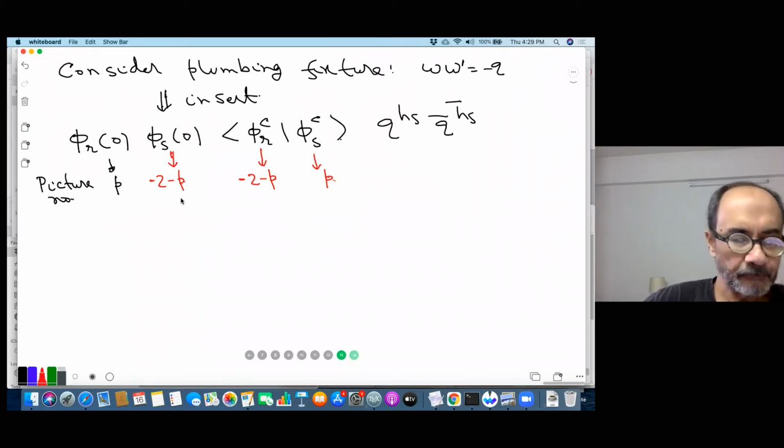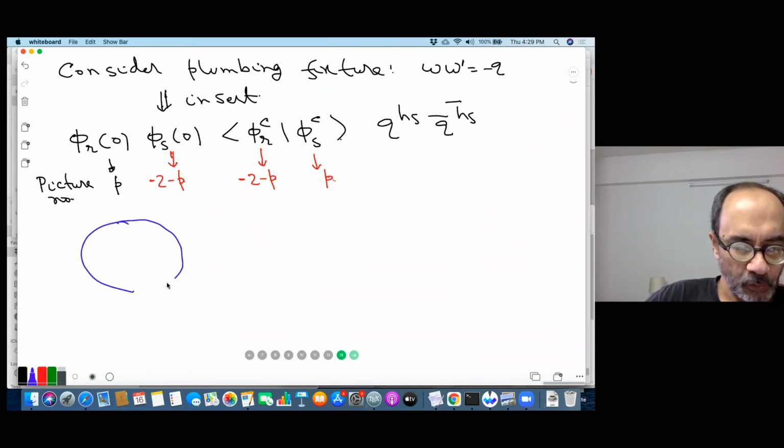Now let's consider two different cases. First one, when you show punctures on two different surfaces. It doesn't matter if it's a sphere or torus or anything, you can put some genus, doesn't matter.